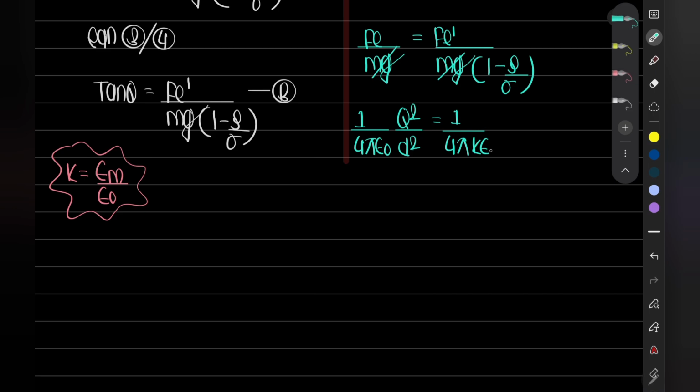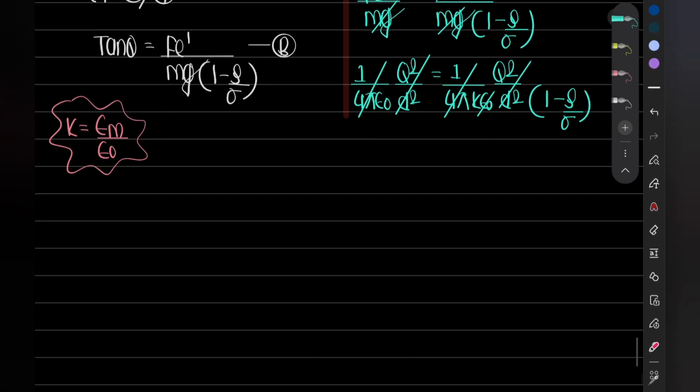So k times epsilon naught, again q square by d square. Along with it there will be 1 minus rho by sigma. Now this 1 upon 4 pi epsilon naught will get cancelled out. q square by d square, q square by d square again got cancelled out.